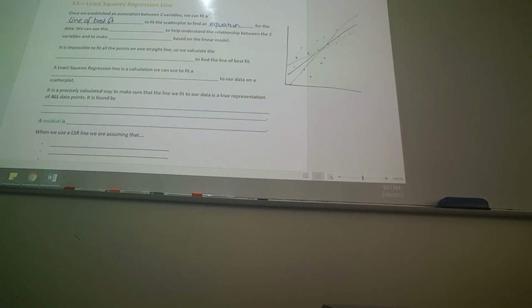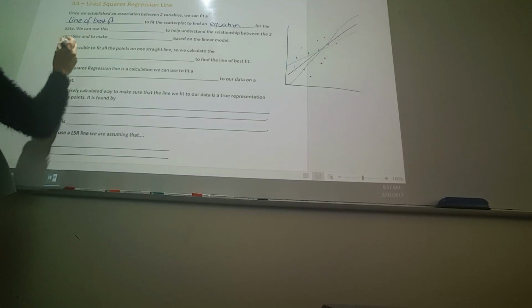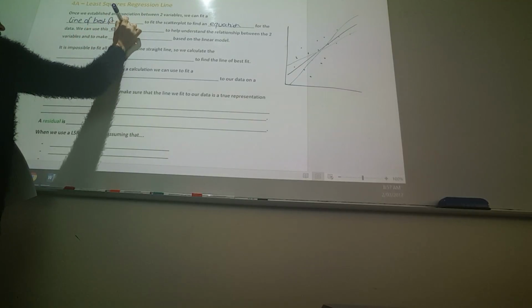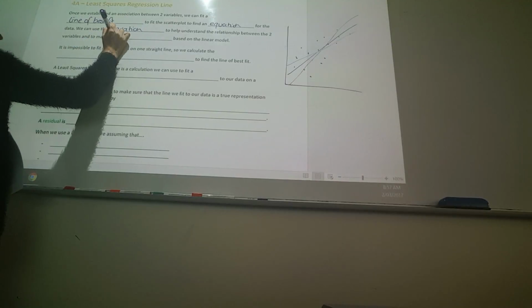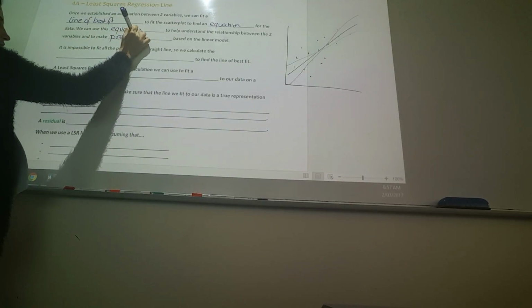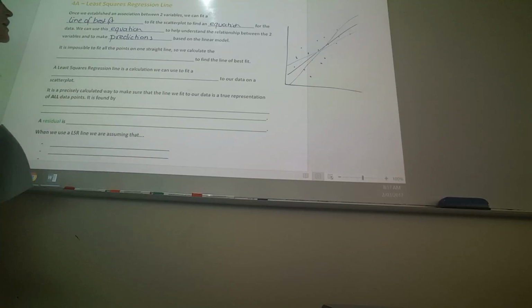And this equation represents our data. We then use this equation to help understand the relationship between the 2 variables and to make predictions based on the linear model.